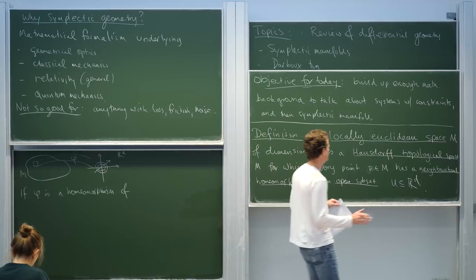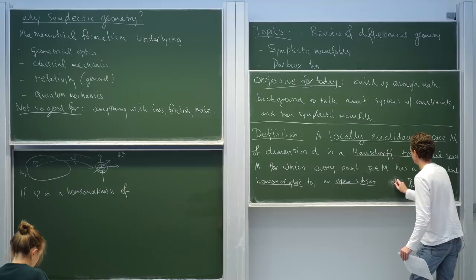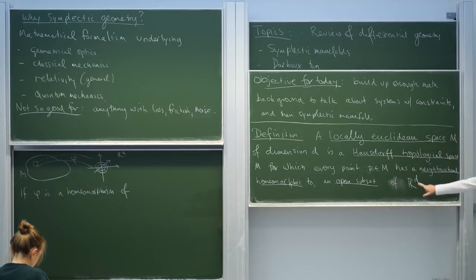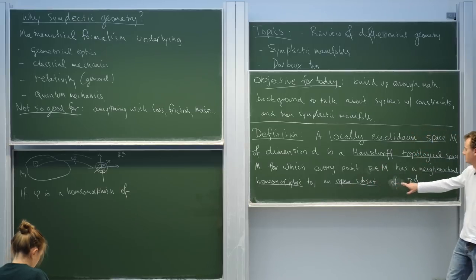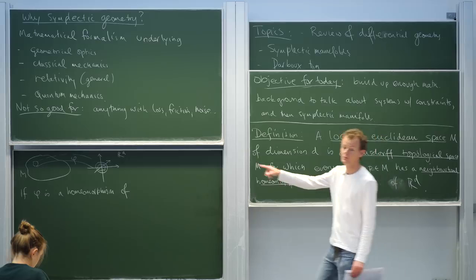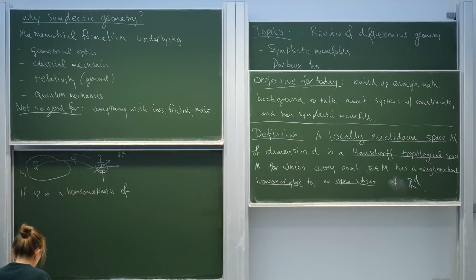Sorry, I'm just going to change the notation slightly. I don't want to name the open subset we end up on. We'll just say homeomorphic to an open subset of R to the D. I want to name the neighborhood here. So that's the U.